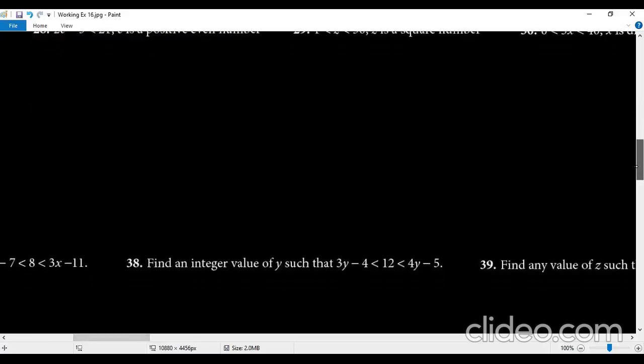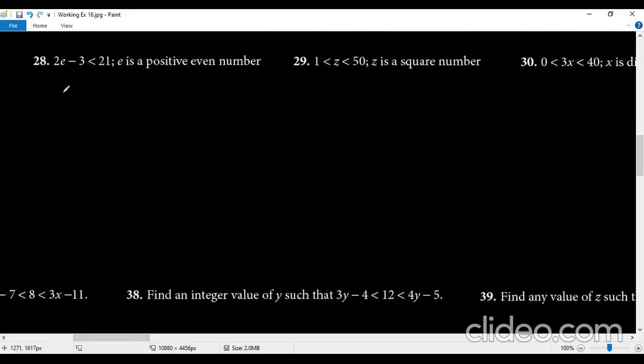So this is going to be your final answer. When it comes to question number 28, it says 2e less than 21 plus 3. I'm doing it directly. So 2e less than 21 plus 3 is going to be 24, and e is going to be less than 12.